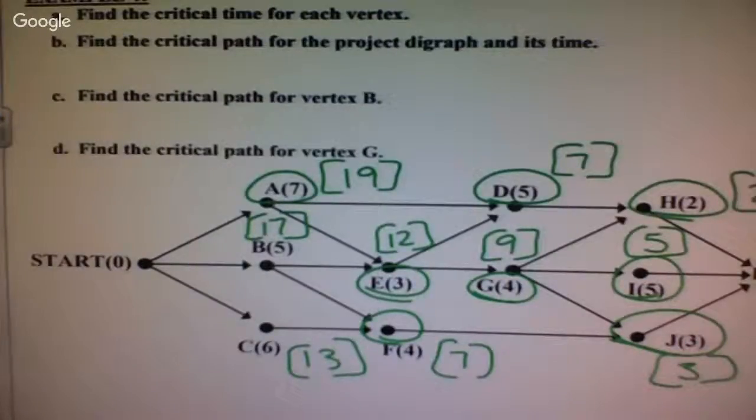So those are your critical times. Most of you had everything but A. I'm not quite sure if it's just because it was the straight shot from D over, or you just missed the line from E up to A altogether. So just be careful with that.